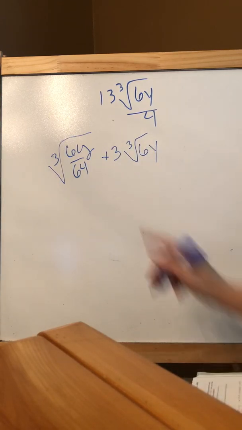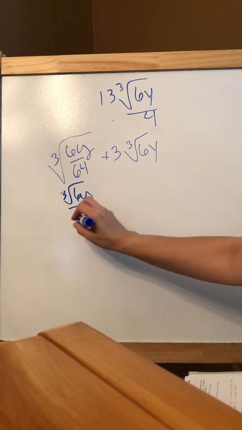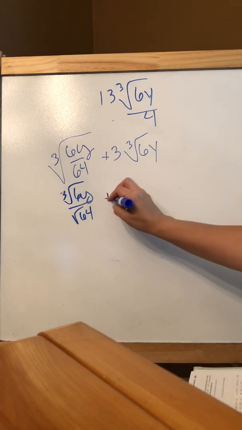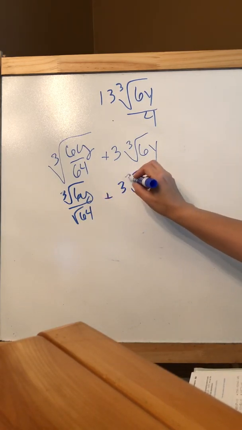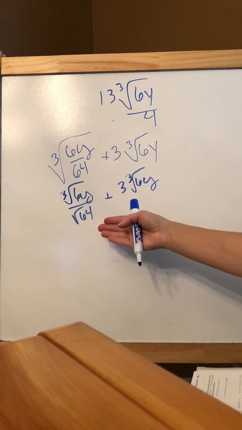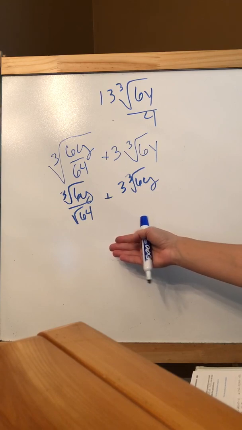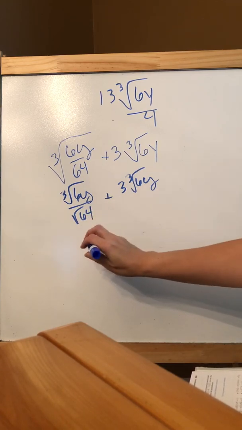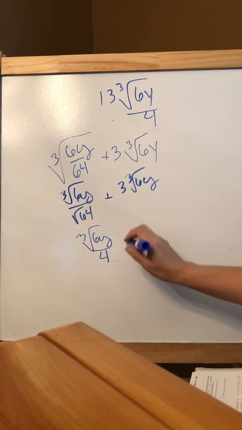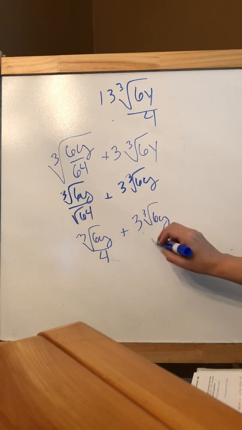So you're going to rewrite this as the cube root of 6y over the cube root of 64 plus 3 times the cube root of 6y. What is the cube root of 64? It's 4. 4 times 4 is 16 times 4 is 64. So our cube root here is 4. So we have the cube root of 6y over 4 plus 3 times the cube root of 6y.